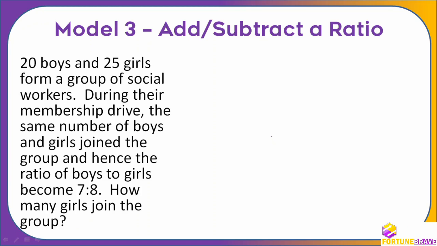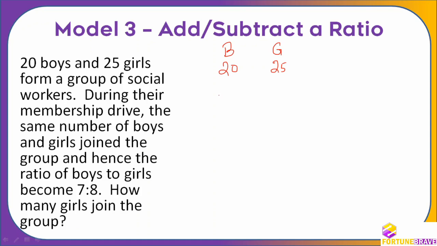During their membership drive, the same number of boys and girls joined the group. Means what? See here, there were 20 boys and 25 girls which made a group. They started a membership drive and the same number of people joined, meaning the same number of boys and girls joined.